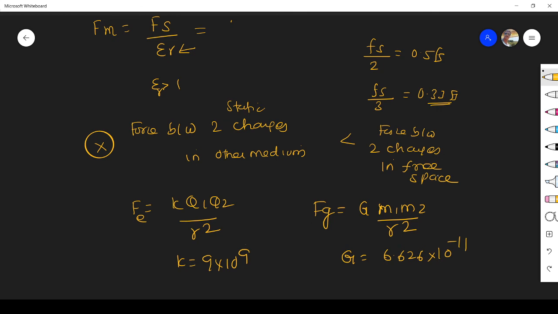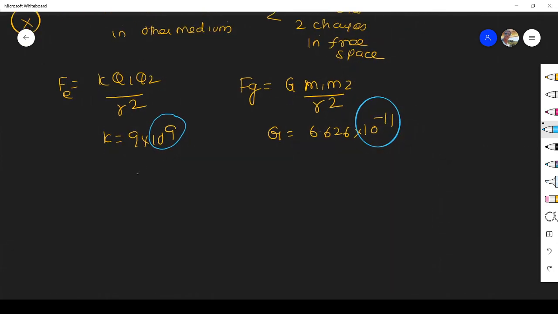One is 10 power 9 and the other is 10 power minus 11. So this is too big and this is too small. So the electrostatic force is far greater than the gravitational force. That is very important, a very important aspect of Coulomb's law.